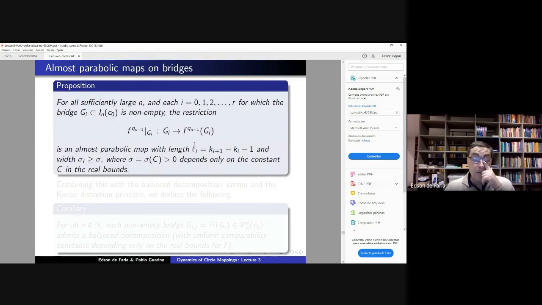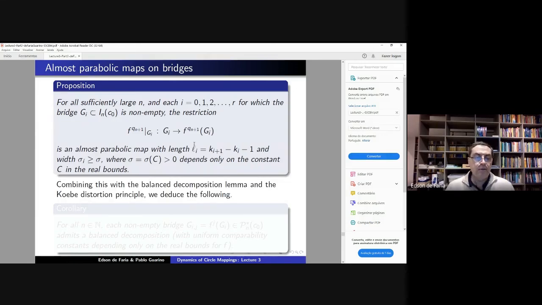It turns out that in each bridge, provided n is sufficiently large, these F^(q_n), which are diffeomorphisms on the bridges, are diffeomorphisms with negative Schwarzian, okay? And therefore, they really constitute an almost parabolic map there. And the constants, the width and so on, only depend on the real bounds.